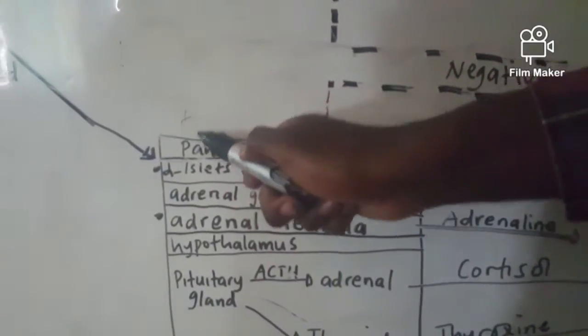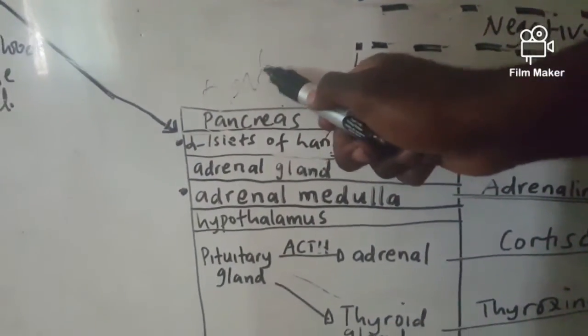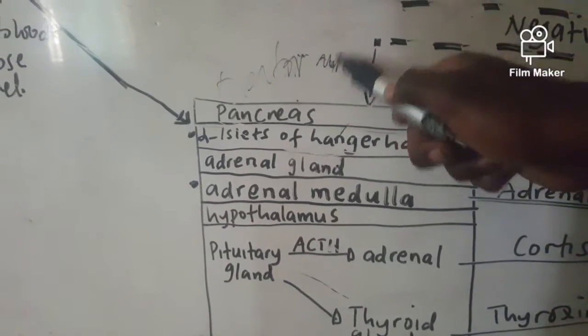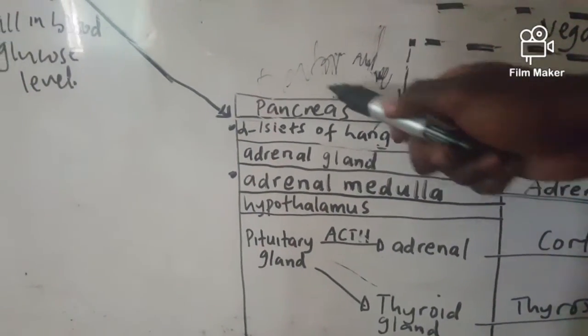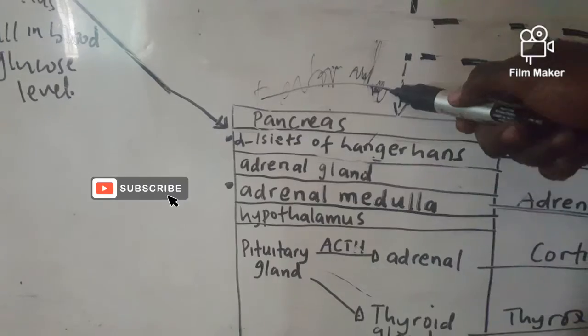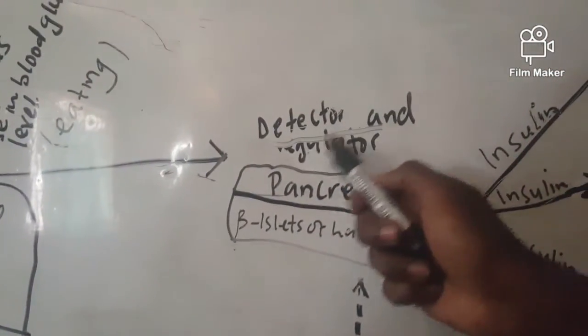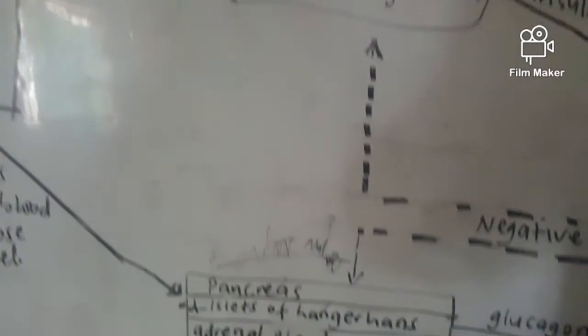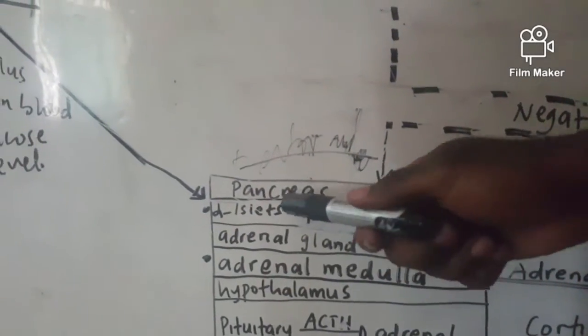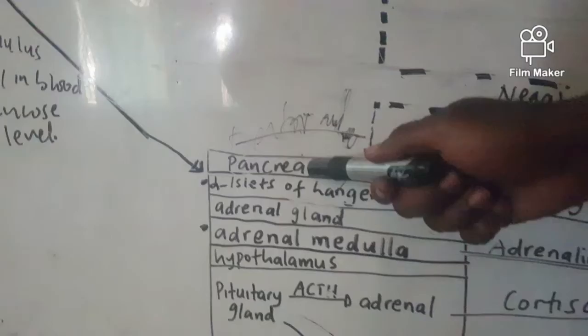Here we are having the detector and the regulator, just as we saw before. Our detector and regulator, the first one, is the pancreas.